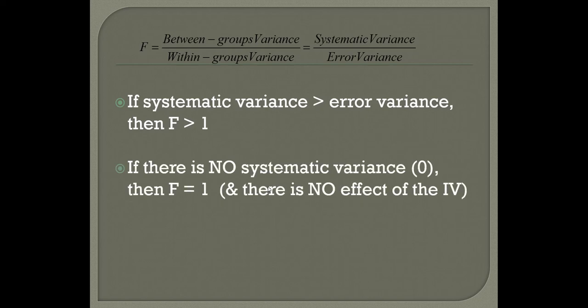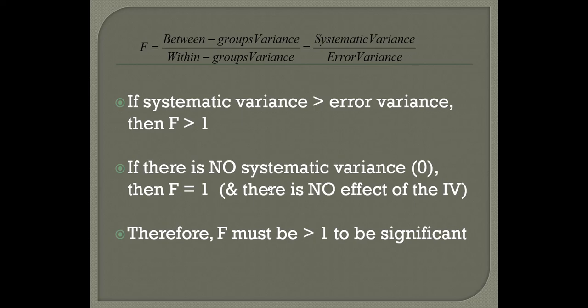They basically mean the same thing. So if there's more systematic variance than error variance, then your F ratio will be greater than 1. That doesn't mean that it's statistically significant. It just means that there's more systematic variance than error variance. But if your F ratio is less than 1, then there's no chance that it's going to be statistically significant, because it means there's more error variance or within group variance than between group variance.